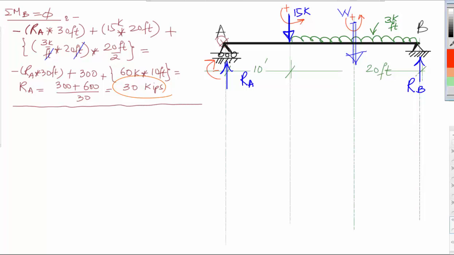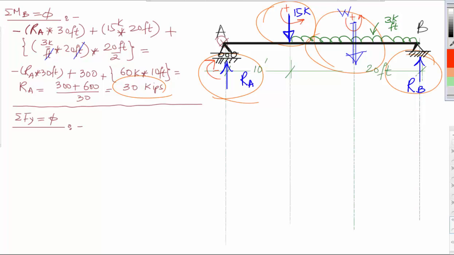Now we'll continue. Do sum of all forces in the y direction is equal to 0. RA is upwards, this is downwards, this is downwards, and this is upwards.